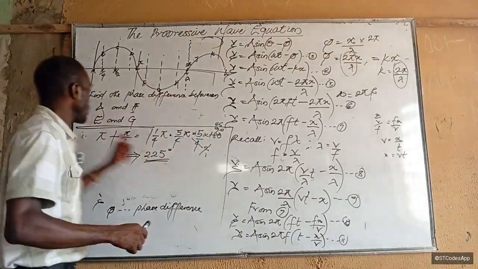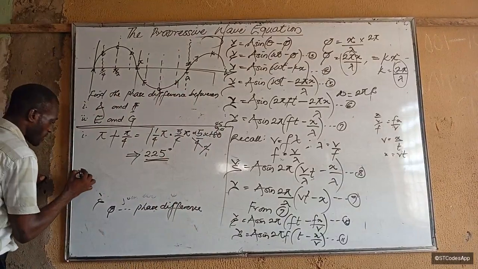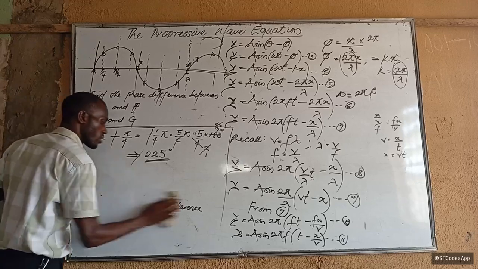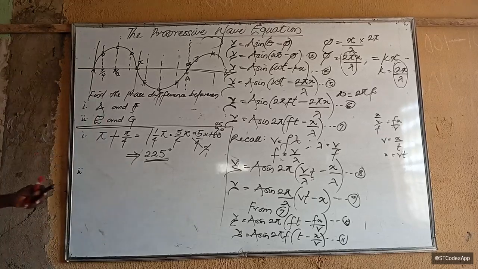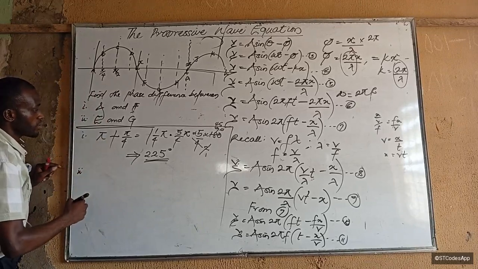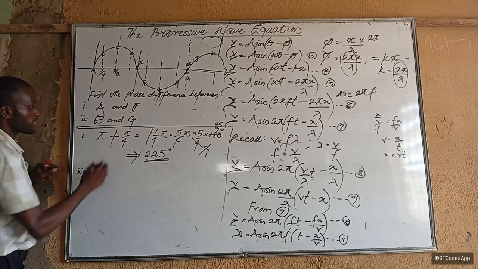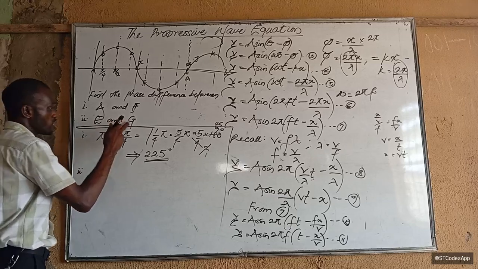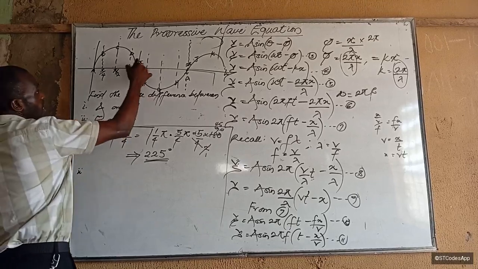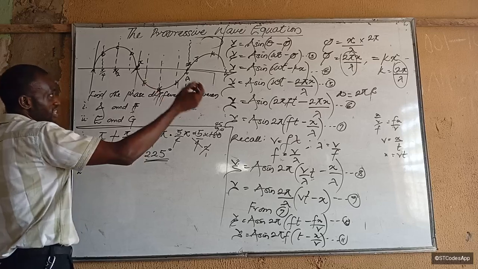Is that clear? The second one, which is the last one I'm solving before I give you assignments, is between E and G. Now E is at this point here, G is here. This is very simple.